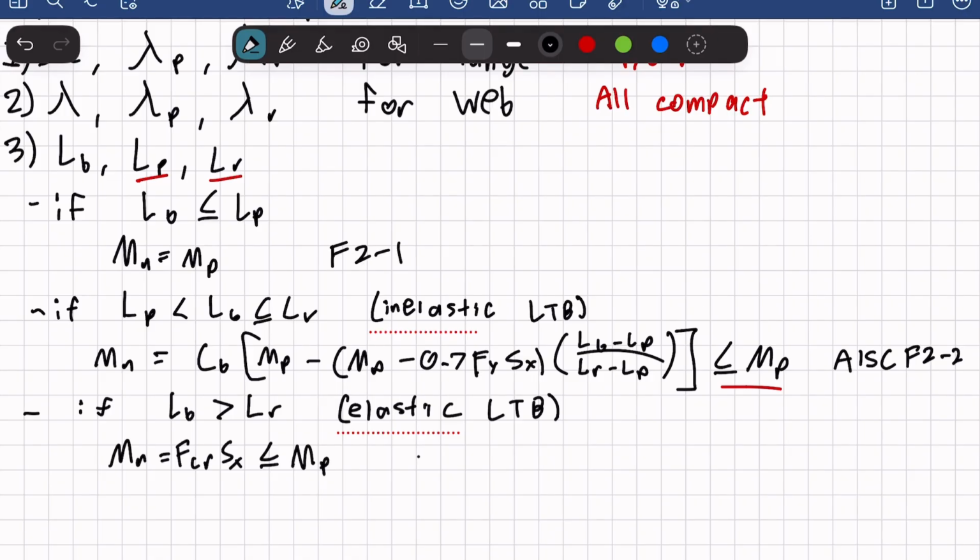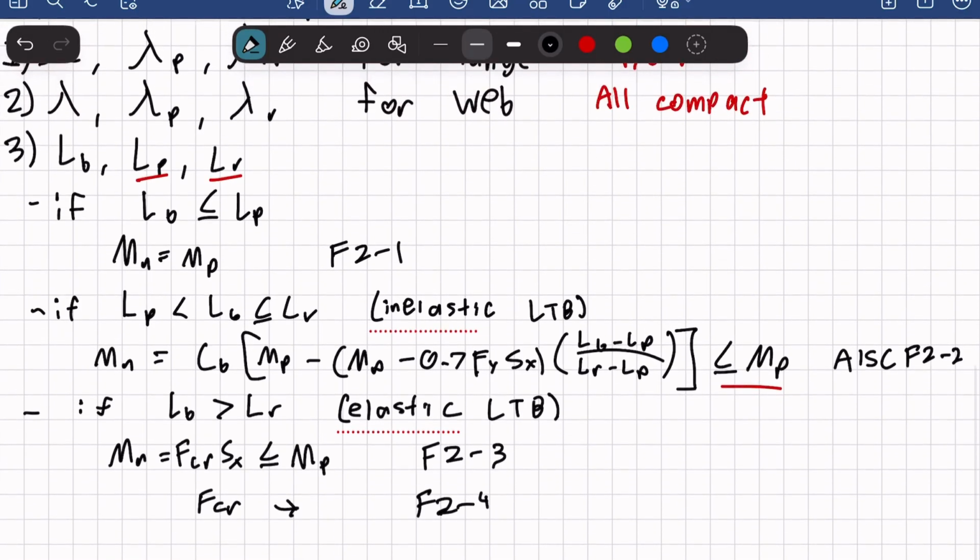And for Lb greater than Lr, you're subject to elastic lateral torsional buckling, and that will be the case B that we end up going through. This comes from F2-3, and then we need to find Fcr, which we can get from equation F2-4.